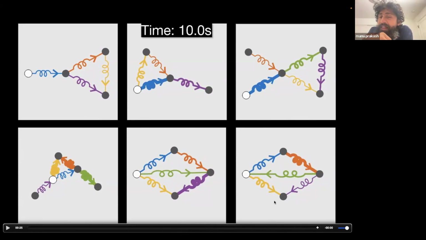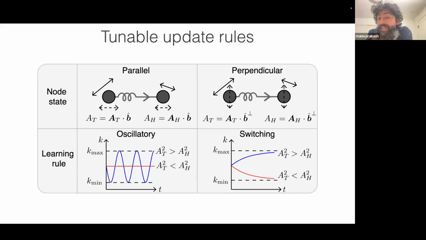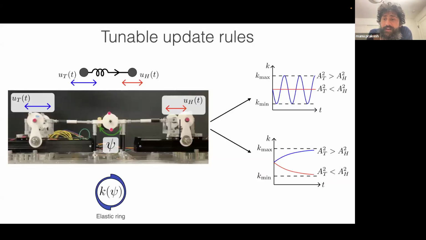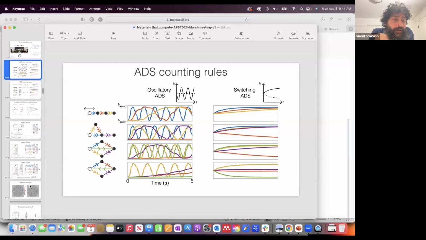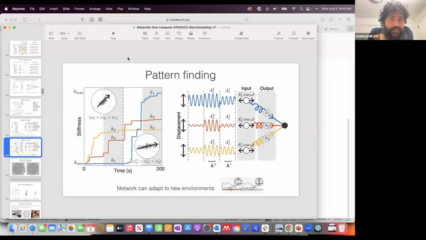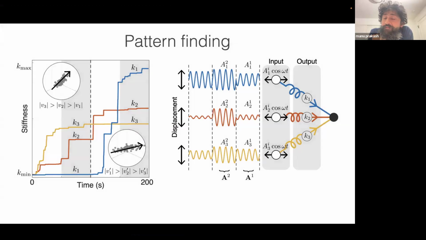So we have a certain class of rules, which are design rules that we can use to also design these sets of circuits. And then I think the other thing I wanted to mention is functions. Since I mentioned this in the context of learning, we've been able to show that we can do pattern finding using a system like this.